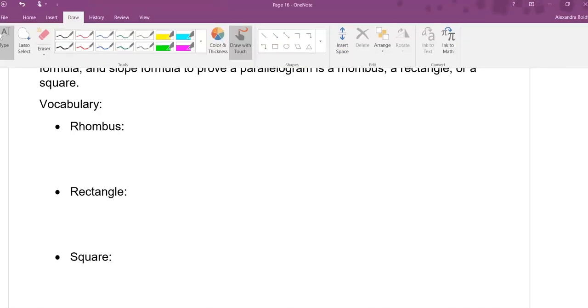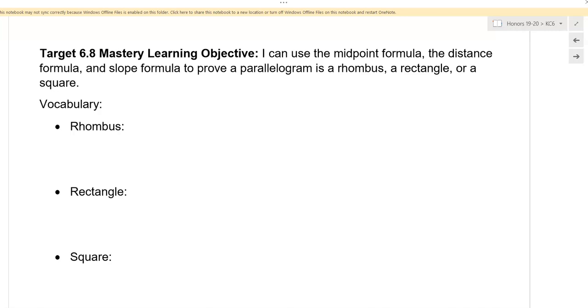Okay? So a rhombus. A rhombus is a parallelogram where all four sides are equal.